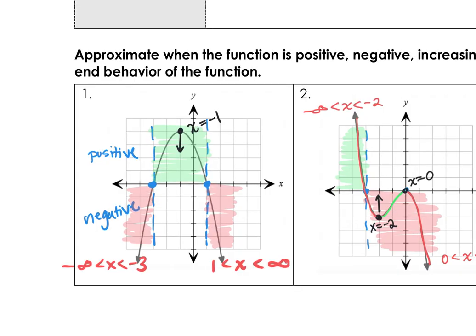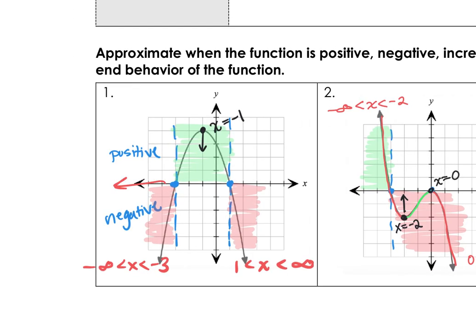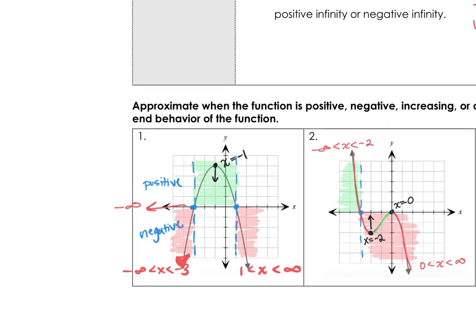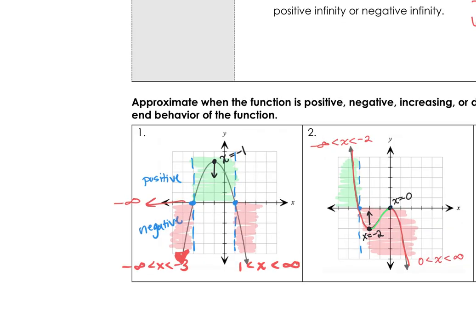If I look at the left side of this graph, which way is this arrow pointing? Down, which means negative infinity would be down here. What's this right arrow doing? It's also pointing down.